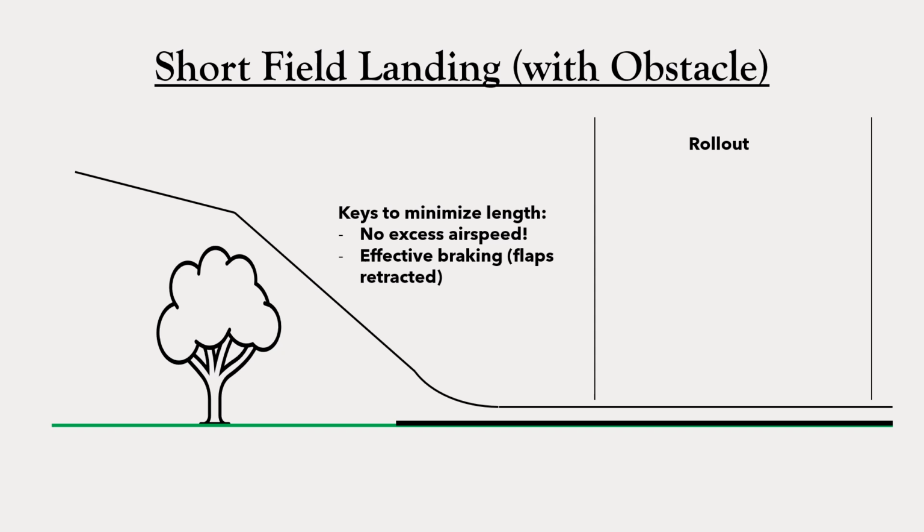And you want to make sure to use brakes as much as necessary, but not so much that, especially in a tailwheel aircraft, you make it tip forward. But the more brakes you can use safely, the shorter that rollout will be.